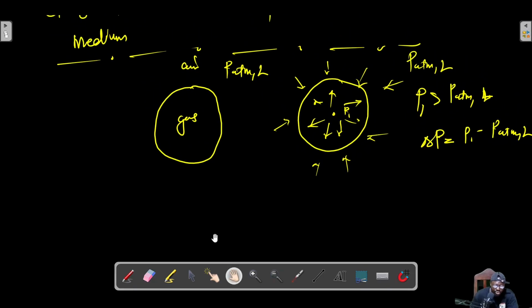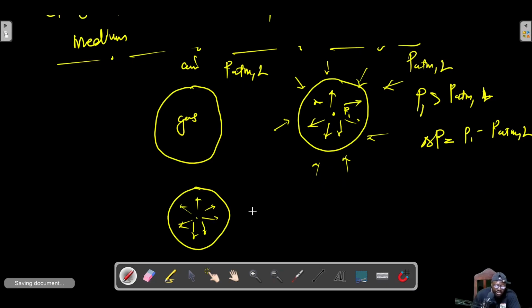There's one thing you need to know. For soap bubbles, the same concept also applies here. Now for soap bubbles, if I draw the diagram again, the net pressure will be the gauge pressure acting from the inside all around the inner curved surface area of our bubble.